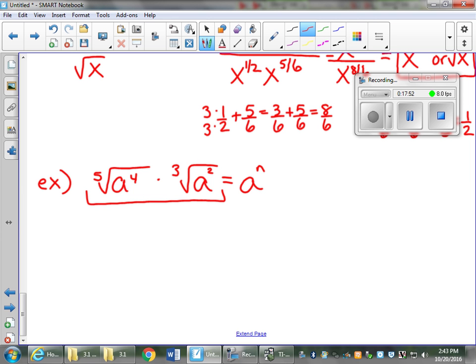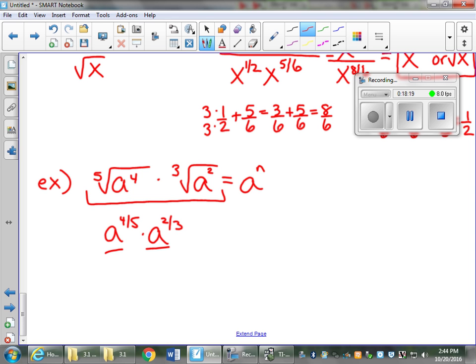Right now the roots are different, so you can't combine them under 1. So I would suggest to rewrite this in rational exponent notation since you can't combine them together. So this would become a to the 4/5 times a to the 2/3. I'm ignoring the a to the n right now. I'm multiplying same bases. That means I can add my exponents together.